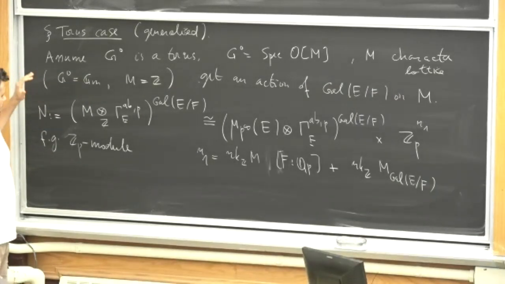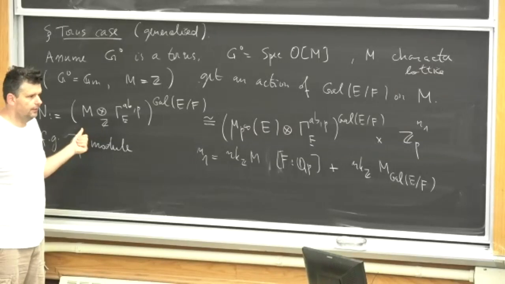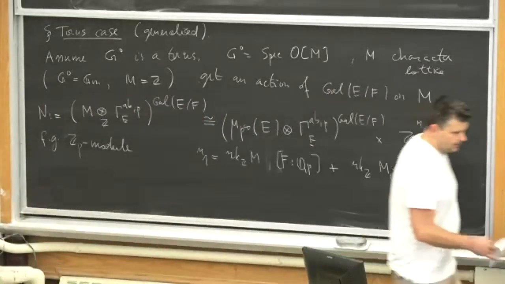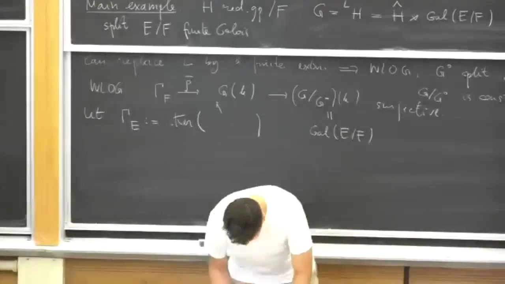Okay. So I'd like you to believe this. This is some computation involving local class field theory and some arguments in Galois cohomology, and proceeding.